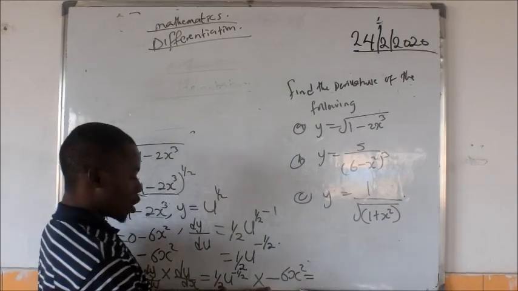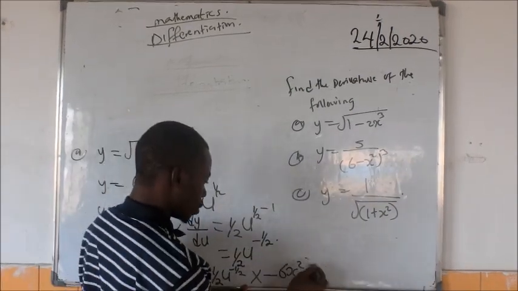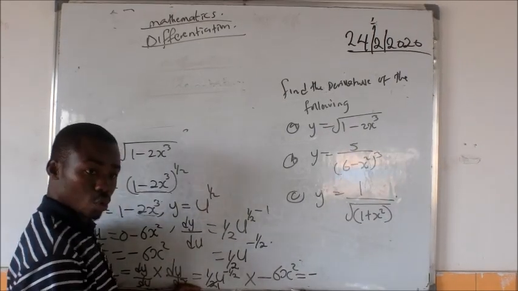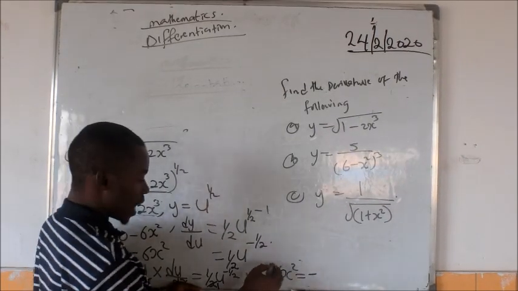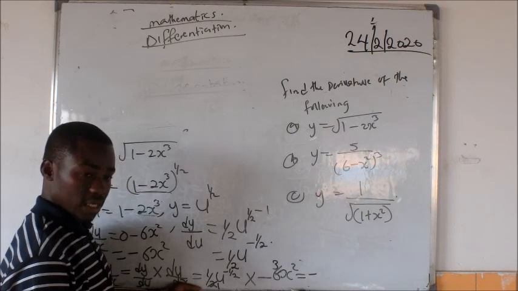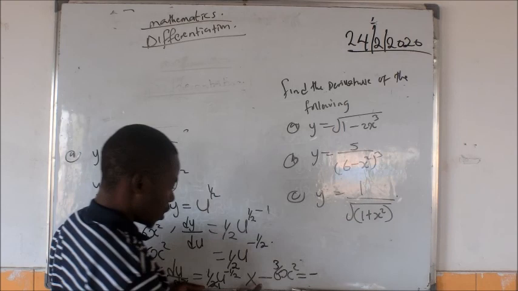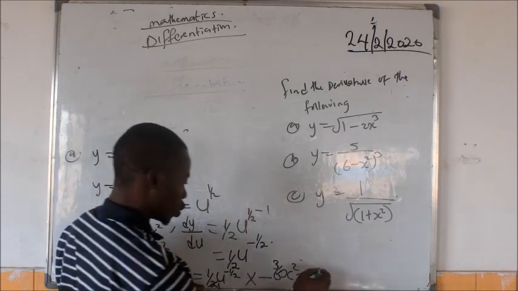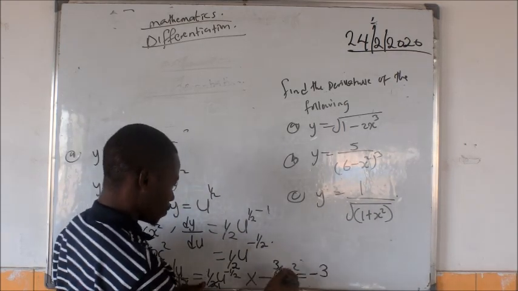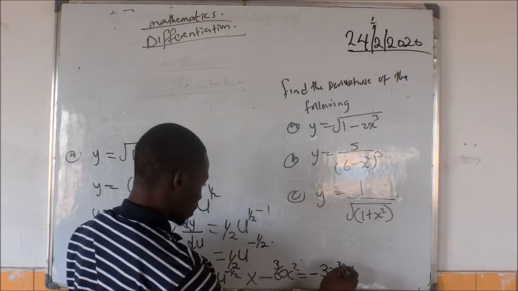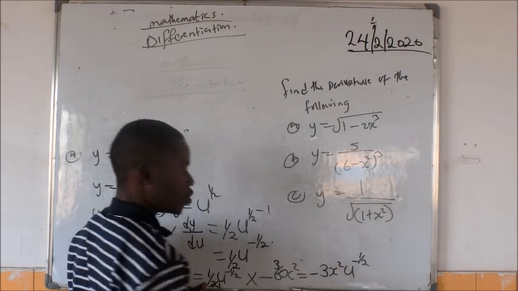What this thing will become now is, before we multiply, 2 into 2, 1, 2 into 6, that's 3. Then you have 3 times 1. Don't forget this minus. It will give you minus 3x squared, then u raised to power minus 1 over 2.